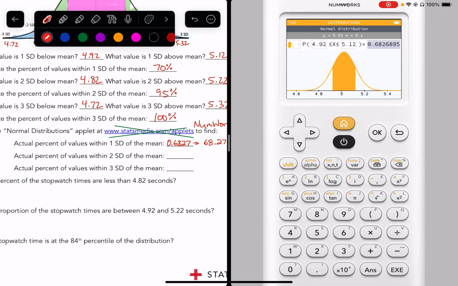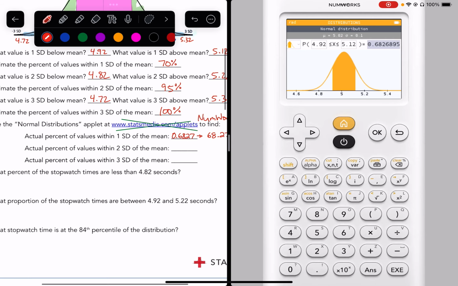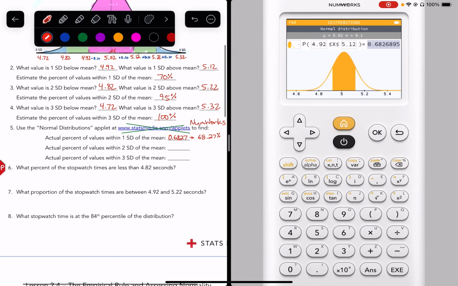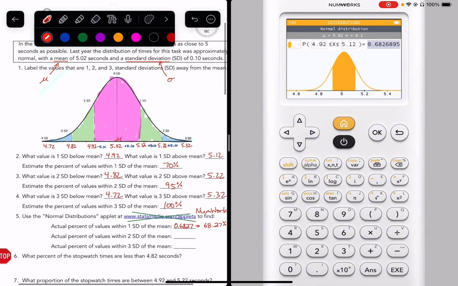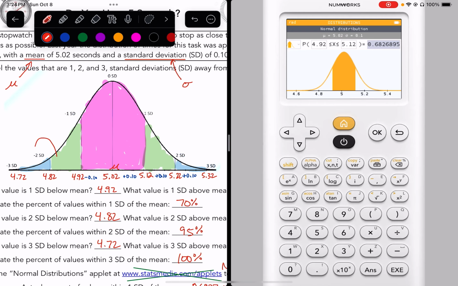And we're going to do a similar thing with our other two estimations here. So this is actual percentage within two standard deviations. So if I look at my two standard deviations, that was -2 was 4.82, +2 was 5.22. So I'm going to go back to my NumWorks calculator here. We're going to change our boundary from between 4.82 to 5.22.